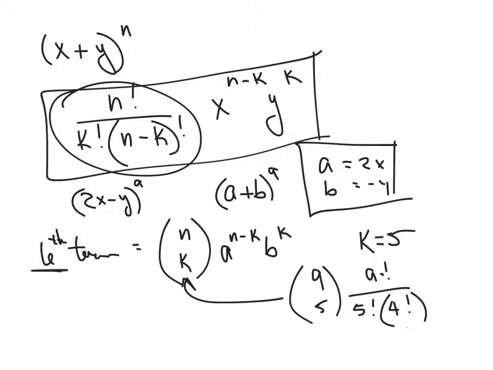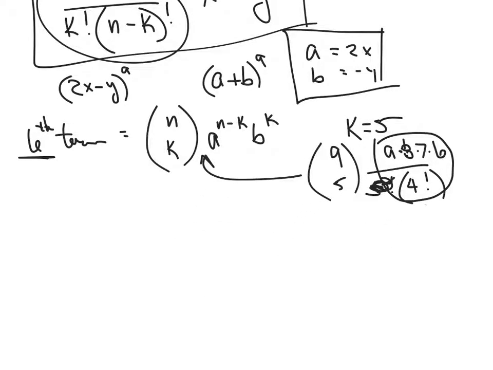And if we did 9 times 8 times 7 times 6, we can get rid of our 5 factorials. Okay, so now I've got this that I'm trying to solve for. And when I solve for that, I get 126 when I do the math. Okay, so that's the coefficient. That's this part here.